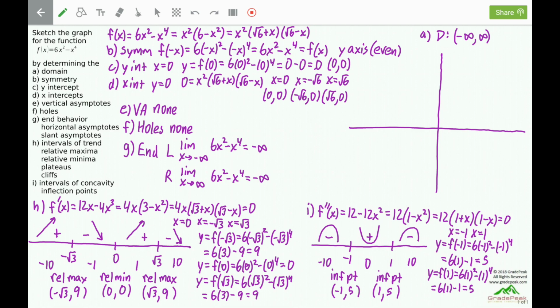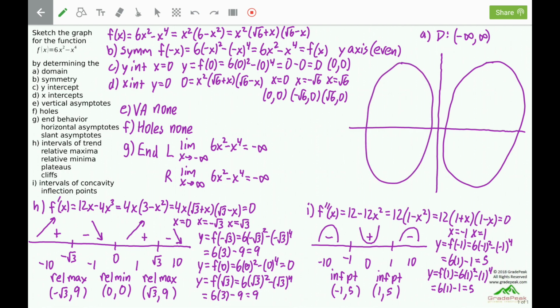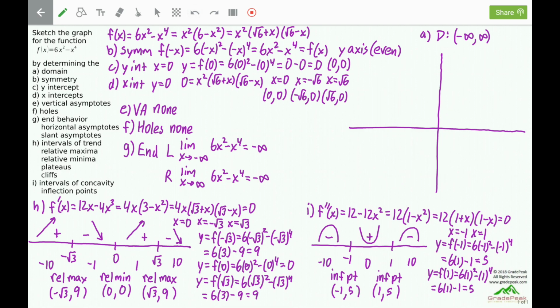We have y-axis even symmetry. That means that the graph will be a mirror image of itself over the y-axis. So whatever we see here, we will see over here flipped around. We'll be sure that's the case.